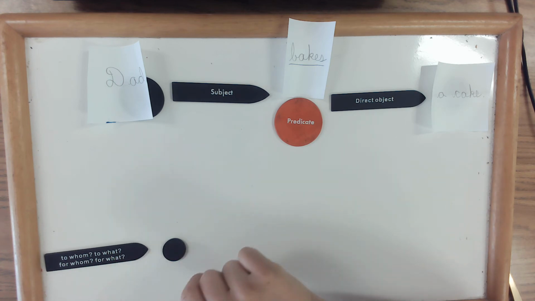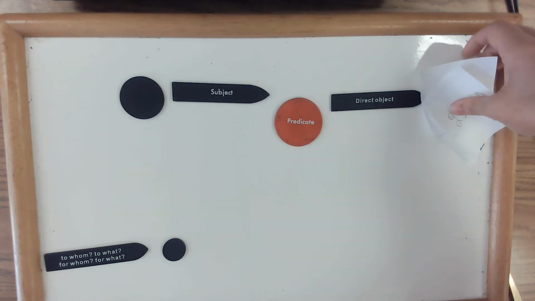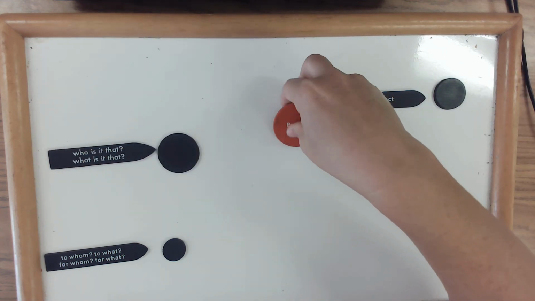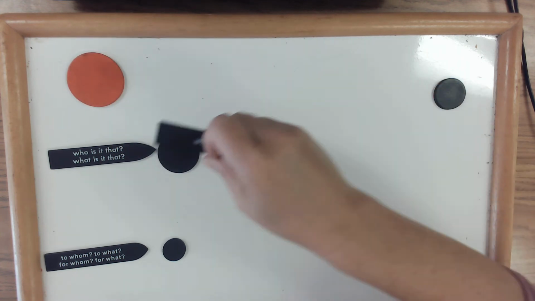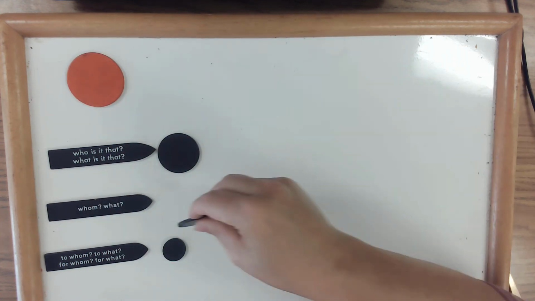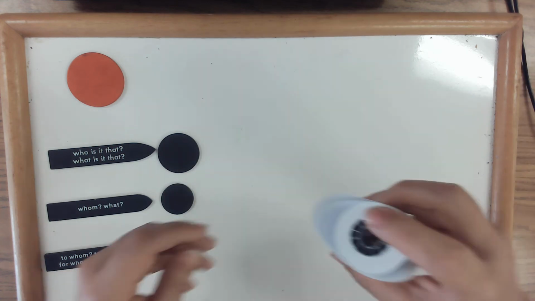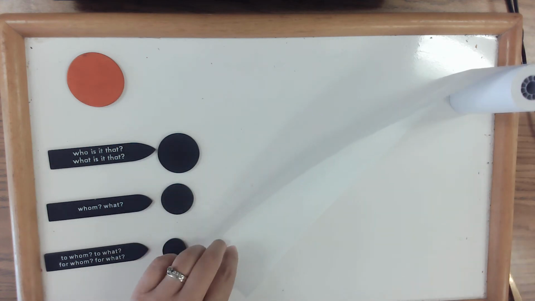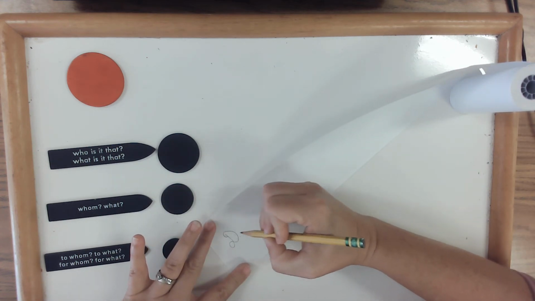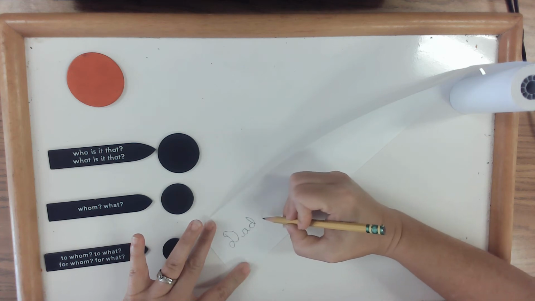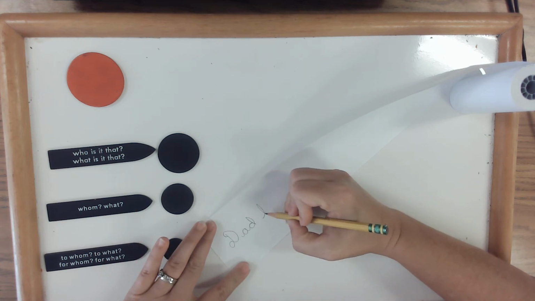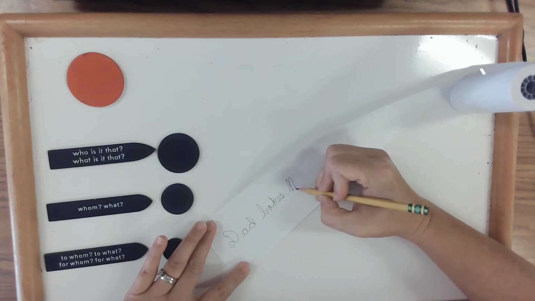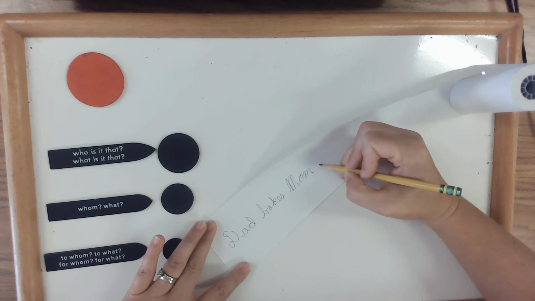We'll do one more sentence, the same sentence but adding a little bit on to show you this last arrow. So clear the board and reset everything. And I will write the same sentence but add a little bit more on there. Dad bakes Mom a cake.